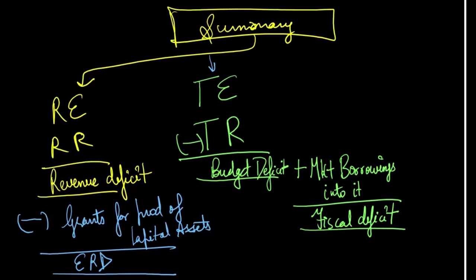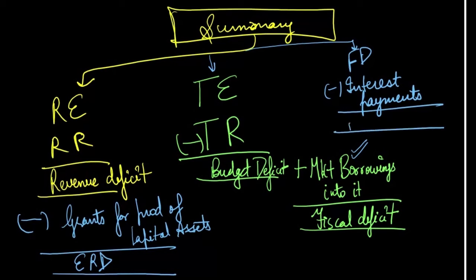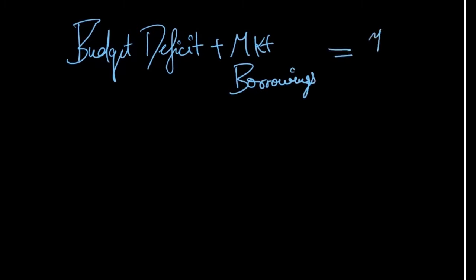As we were not reducing market borrowings from the total expenditure, as we have seen in the document. If we reduce interest payments from the fiscal deficit, then primary deficit will come up. We can write it further as budget deficit plus market borrowings by the government is equal to fiscal deficit.